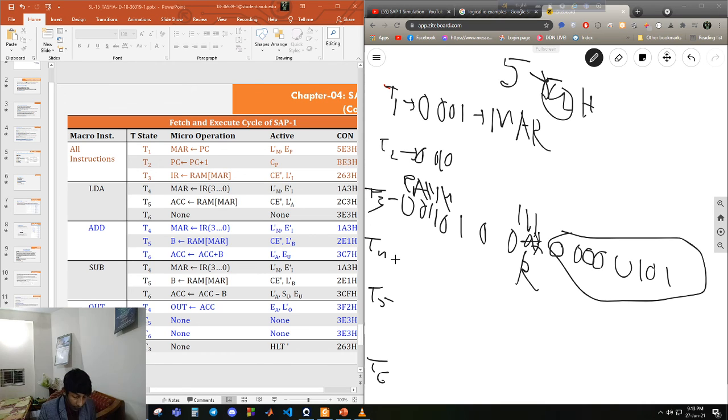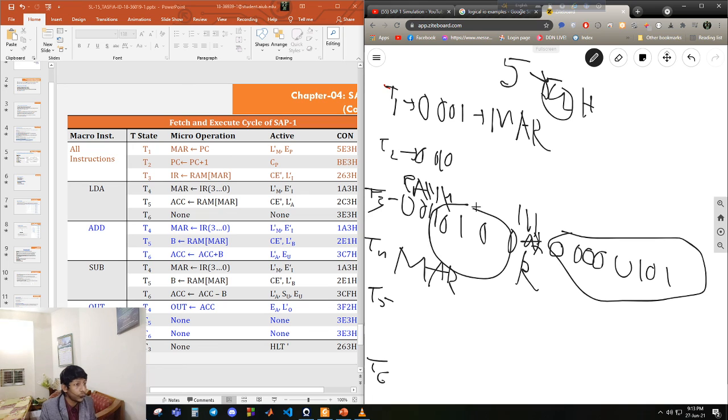As we recall, in the LDA operation we stored this value in the accumulator register, but in the subtraction operation we will store this value in register B. Sorry, I made a mistake. In step T3, the last 4 digits will go to the instruction register.